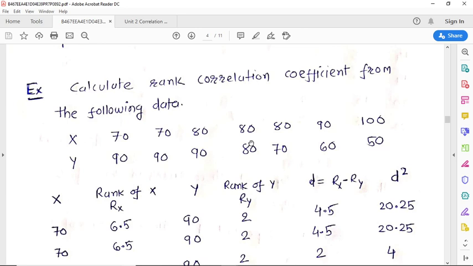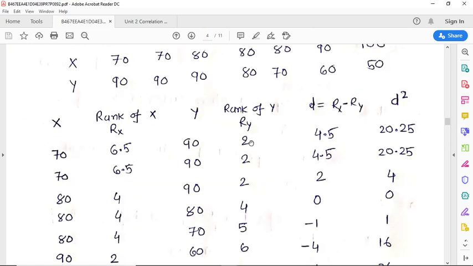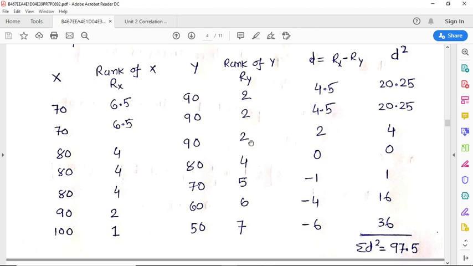So let us first prepare the table. The data of x we have: 70, 70, 80, 80, 80, 90 and 100.